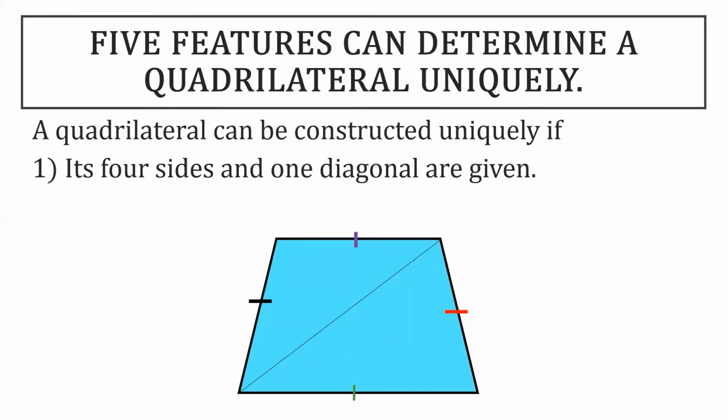So here we are going to discuss 5 different situations where we are given different parts or different features of the quadrilateral which we will be using for construction. So the first case is we can construct any quadrilateral uniquely if we are given measurements of 4 sides and 1 diagonal.